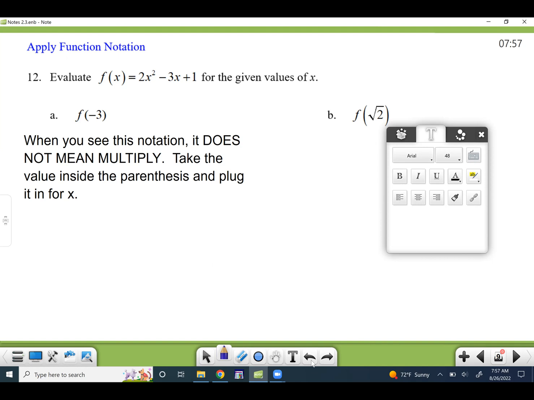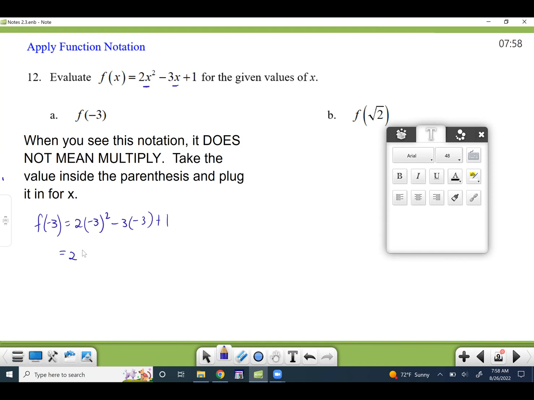All right, so we're just going to take -3 and we're going to substitute it in for every single x that we see in the problem, you guys. So we're going to put it here and here. And then just do the math to the right-hand side. So remember, because of PEMDAS, the order of operations, exponents come before multiplication.